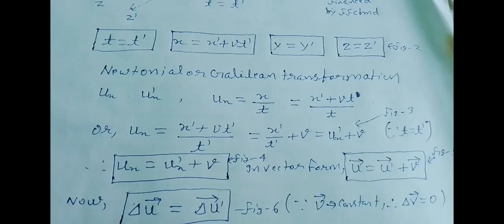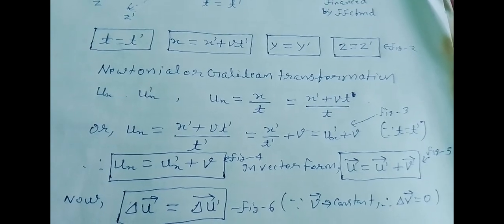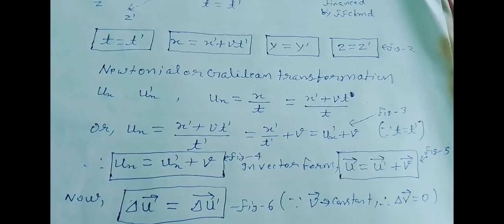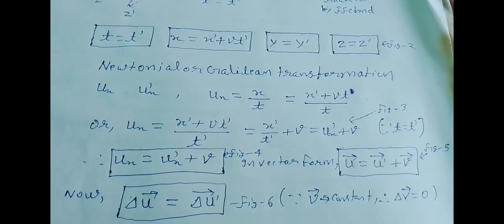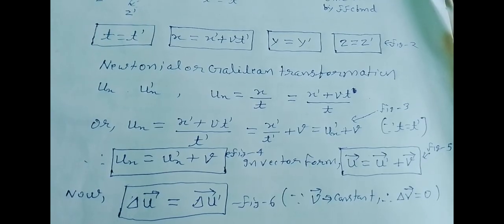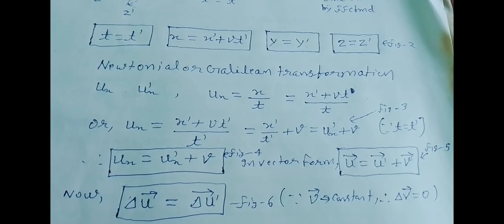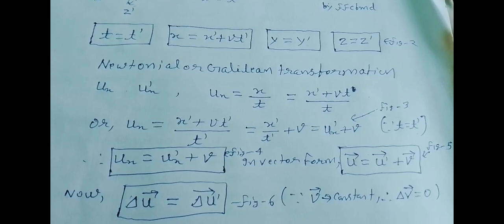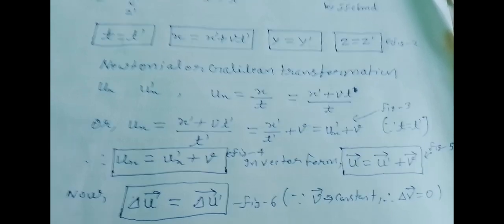Now we can write u x equals x by t equals (x dash plus vt) divided by t, or u x equals (x dash plus v t dash) divided by t dash equals x dash by t dash plus v, or equals u sub x dash plus v, as shown in figure 3.